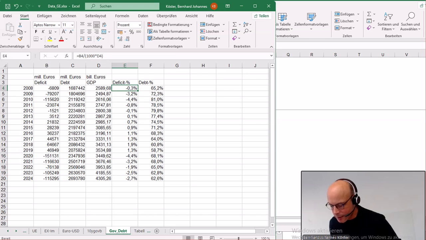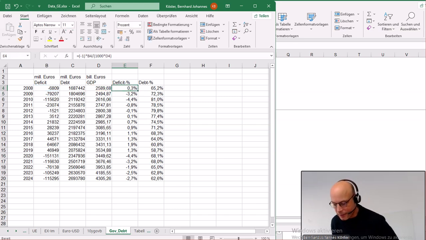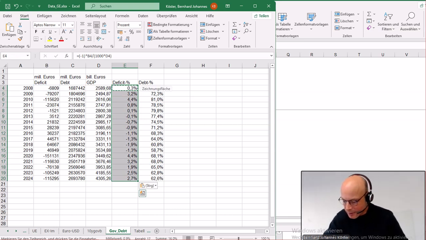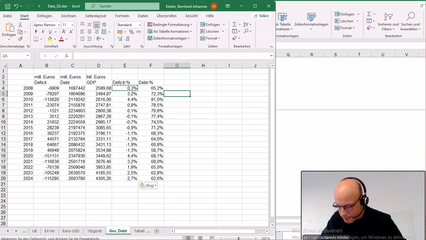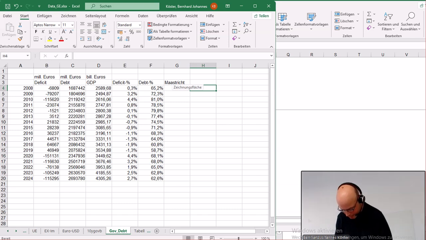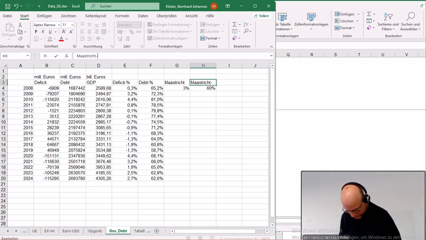Let's also multiply it by -1 because we are talking about the deficit in general, so that we can provide it as positive numbers, and then the Maastricht criterion would be 3% for the deficit and 60% for the debt.